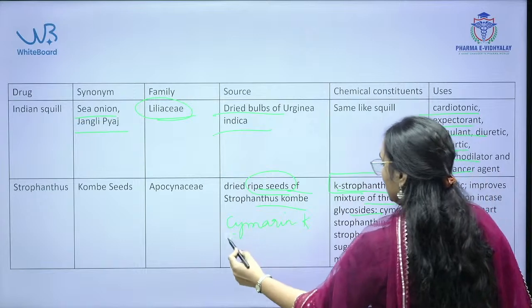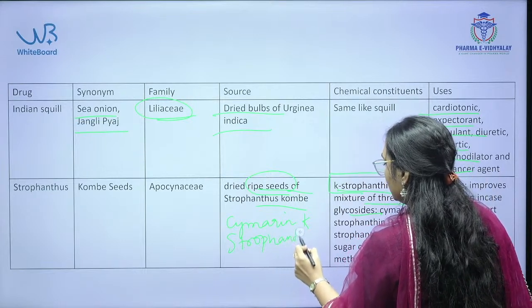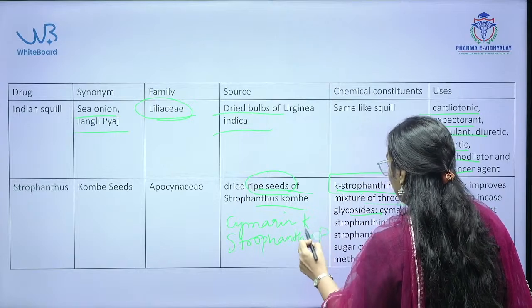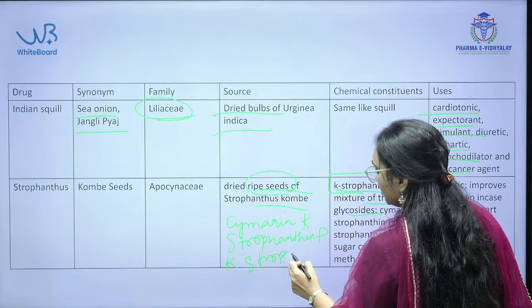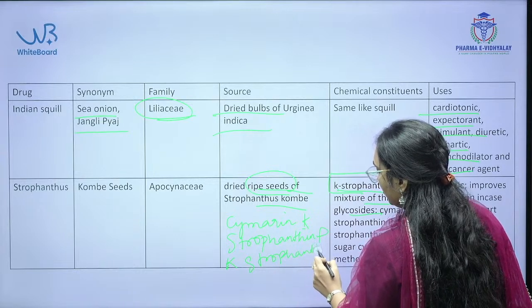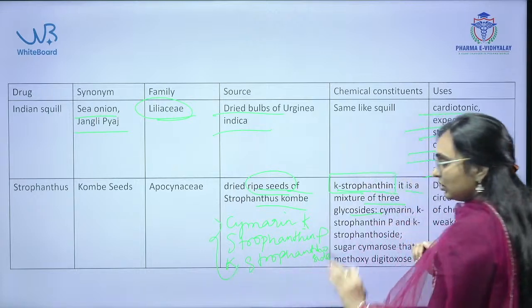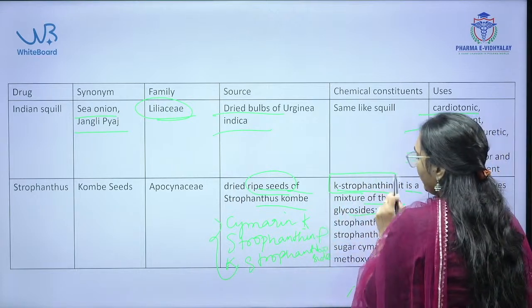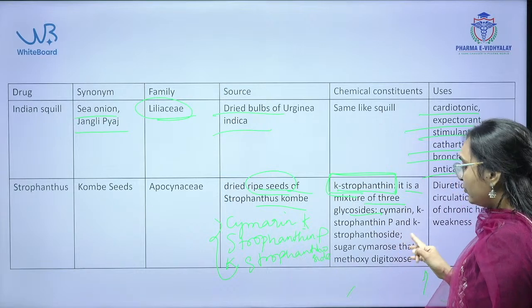K-strophanthin-beta, and K-strophanthoside. So, these 3 are the important ones. K-strophanthin consists of these 3: cymarin, K-strophanthin-beta, K-strophanthoside.